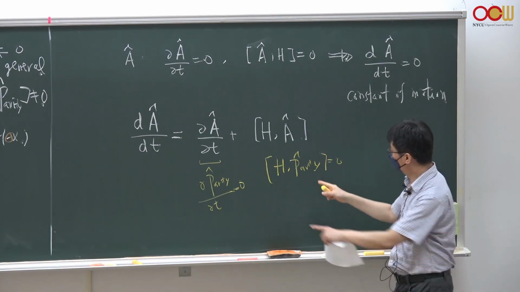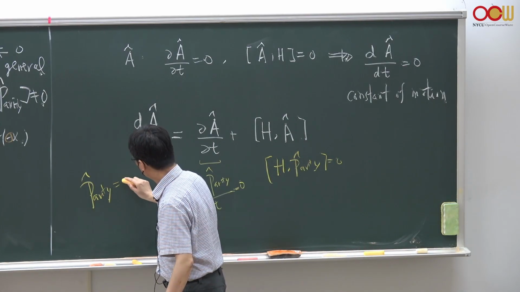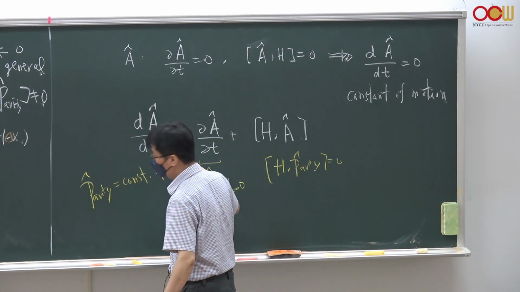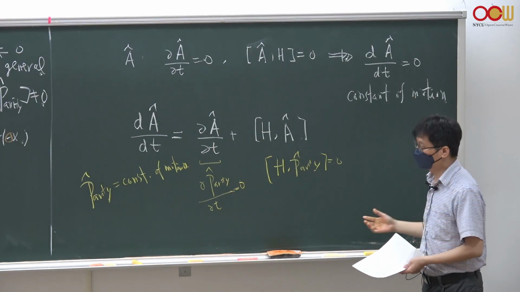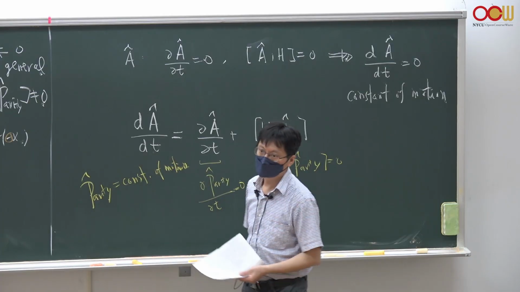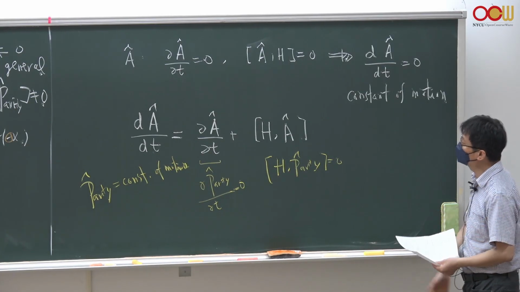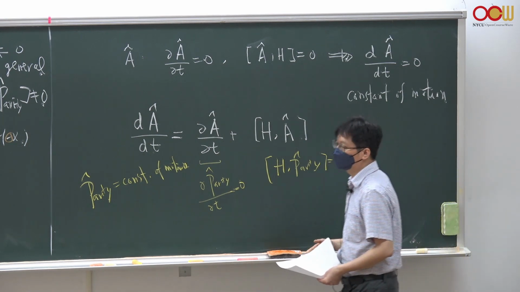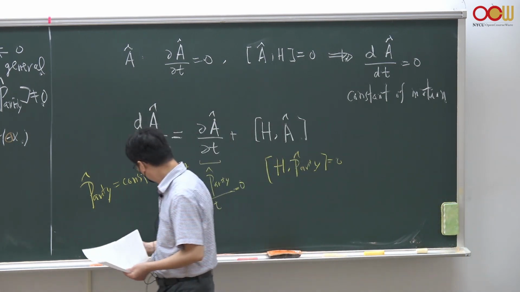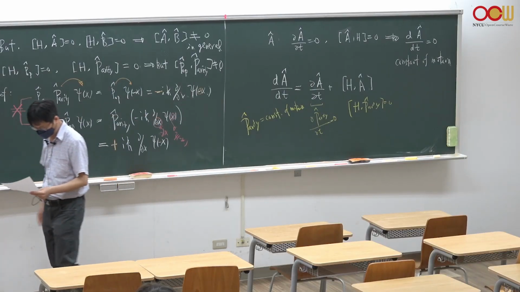So combining these two conditions, we immediately say that the parity is actually a constant of motion, meaning it does not evolve in time, because if you take the total time derivative of the parity operator, it vanishes, which means that under time evolution in quantum mechanics, the parity operator doesn't time evolve. It always stays a constant in time.